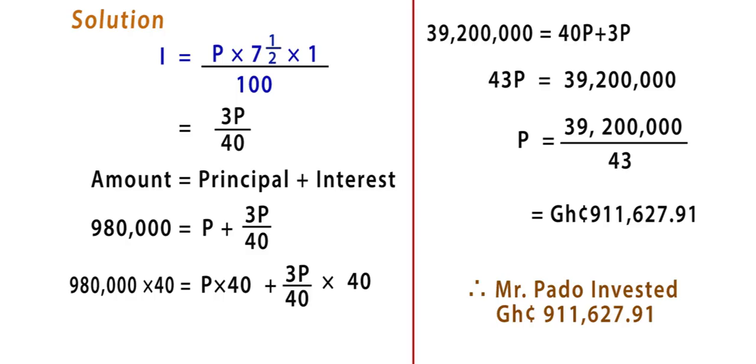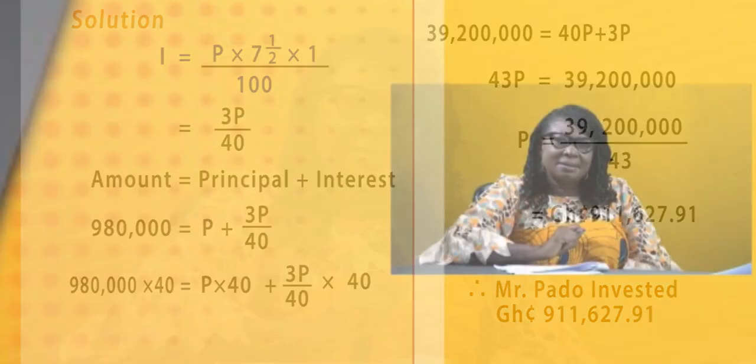That means that Mr. Pardo invested 911,627 Ghana cedis, 91 pesewas. Thank you, Mr. Odame. Now, students, you need to remember that simple interest is given by principal multiplied by the rate percent multiplied by the time.